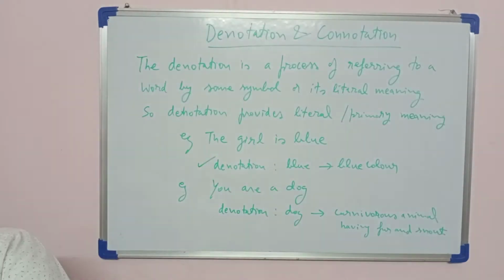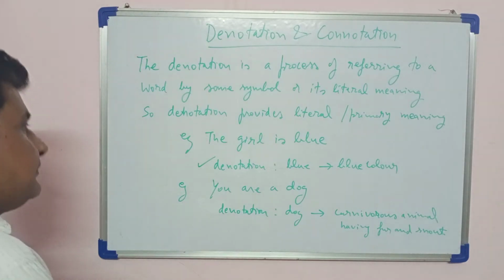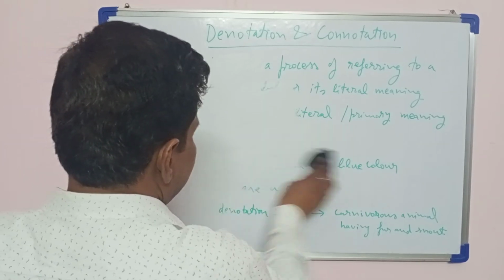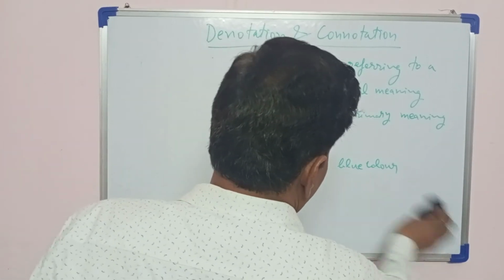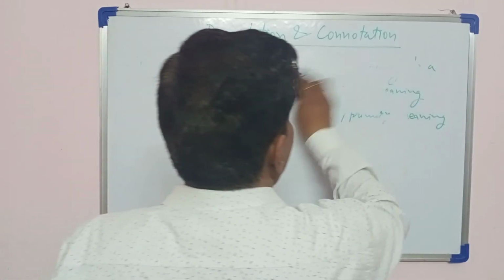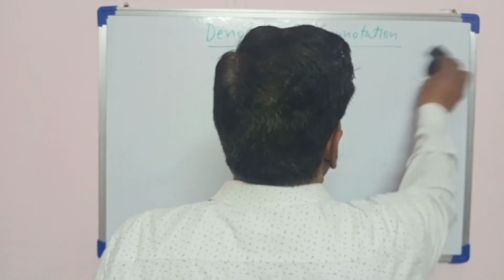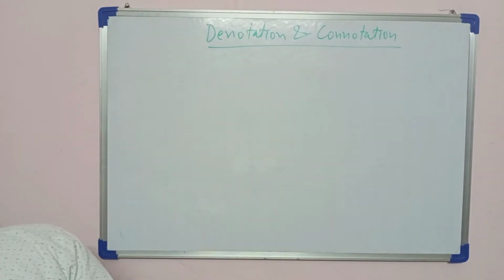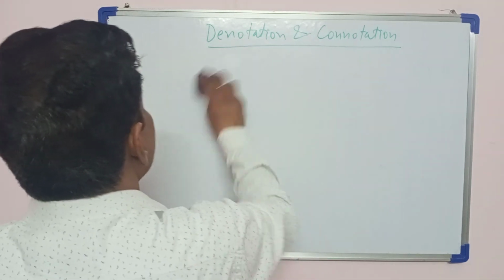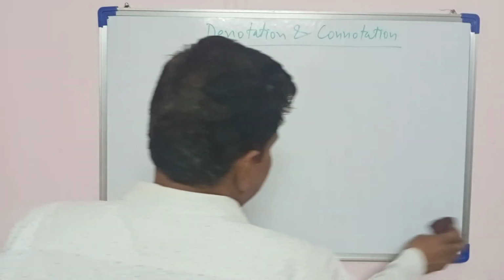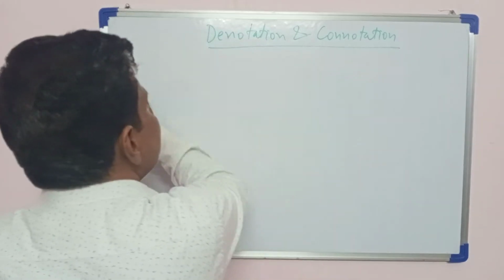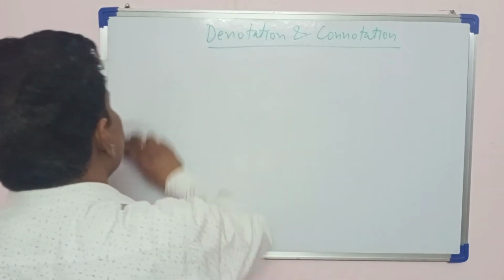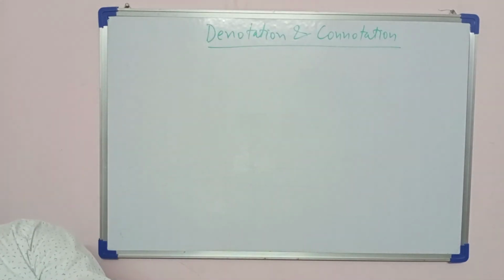So let's understand about the connotations, and then we will understand the difference between the two. Connotation, as I told you, gives you some associated meaning. It doesn't provide you literal meaning. Unlike denotation, it gives you the ideas or the feelings associated with the word.